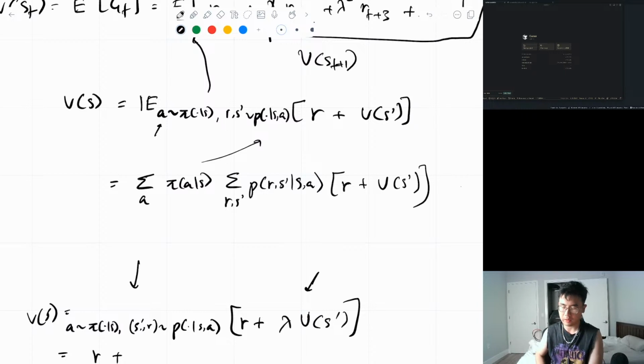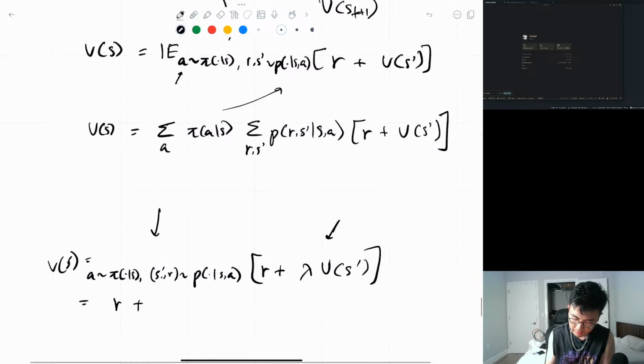You just expand this out, right? It's a sum of probabilities. That's how you get the expected value. So that's our value function.